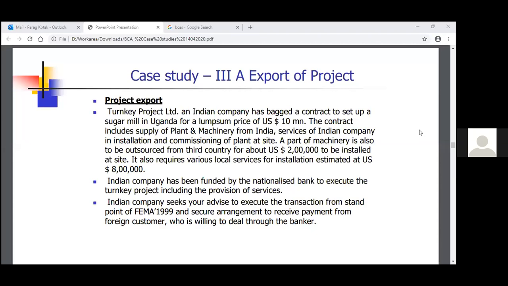So the question arises as to how to carry out such a transaction, although there is no regulation in the nature of 23R.